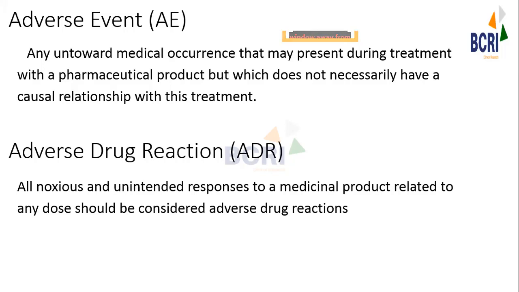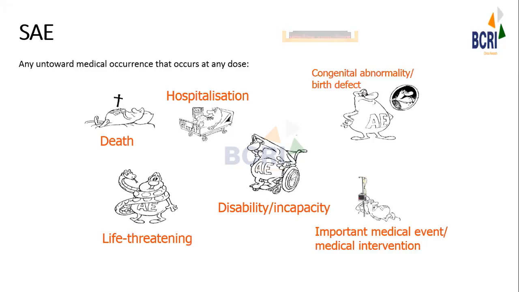Finally, any adverse event will be termed an SAE when it satisfies these six criteria. One, the patient died; the patient got hospitalized; the patient had any disability because of that incident; the patient got a birth defect or developed a congenital abnormality; it became life threatening; and there had to be other medical interventions given because of that incident during the trial.